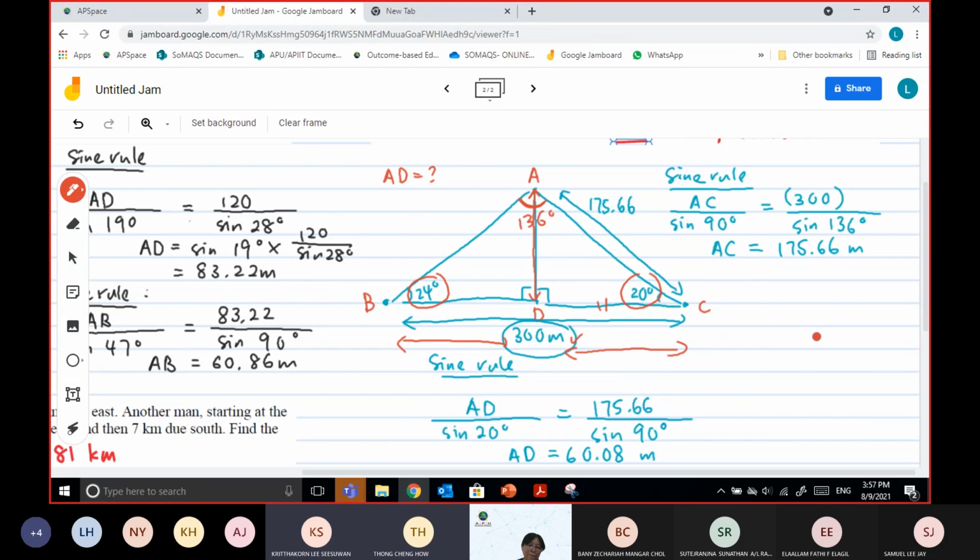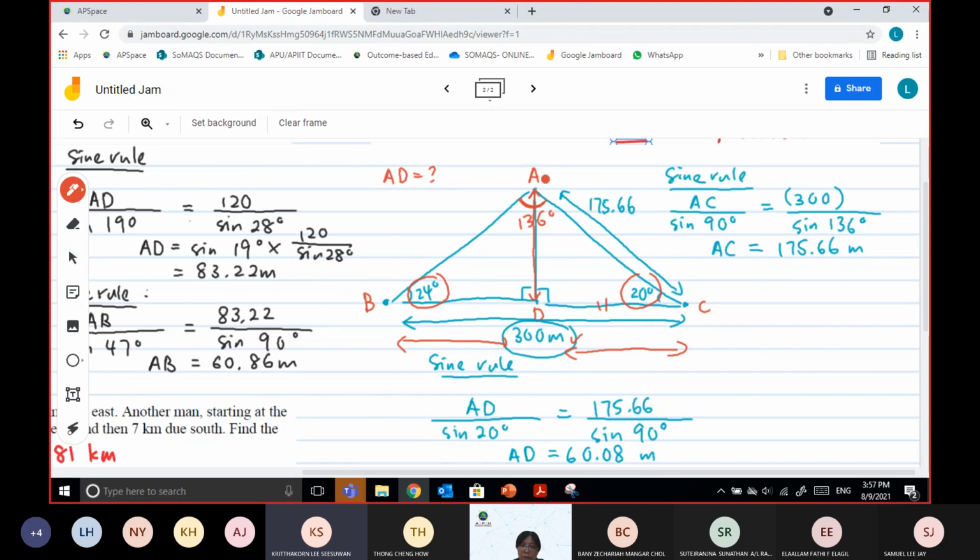Miss, if you use 300 in the big triangle, the three angles you must use for the big triangle are 136, 24, and 20. But in your calculation, you put sine 90, not sine 24. If I put sine 24, my answer comes out as 175.6.